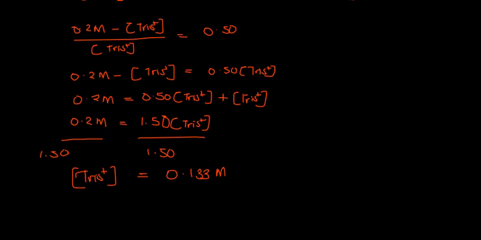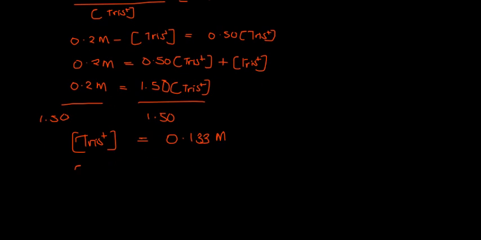Then, having the concentration of the acid, you can also find the concentration of the base using the relationship we formed of a base plus an acid equal to 0.2. Now you have the concentration of the acid. We said it was a base plus an acid gives us 0.2 molar.